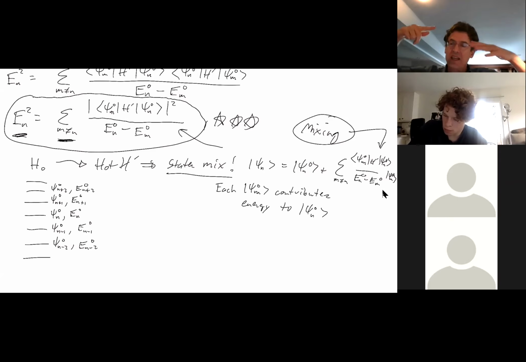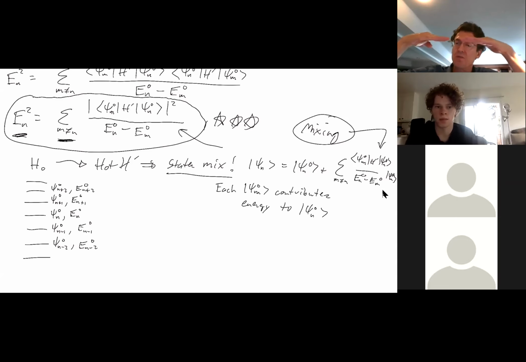So each of the unperturbed states is giving a little bit of energy, perturbing the energy of the state we're talking about. Every other state is mixing in with it and changing its energy. The question is, how much energy are all the other states contributing to the state we're talking about? There's a simple way to think about it, because let's look at this formula. This formula is a sum.